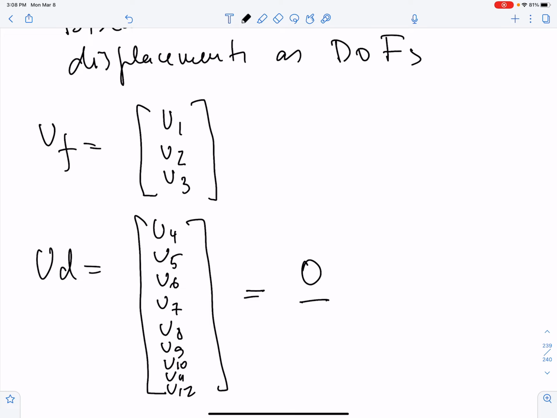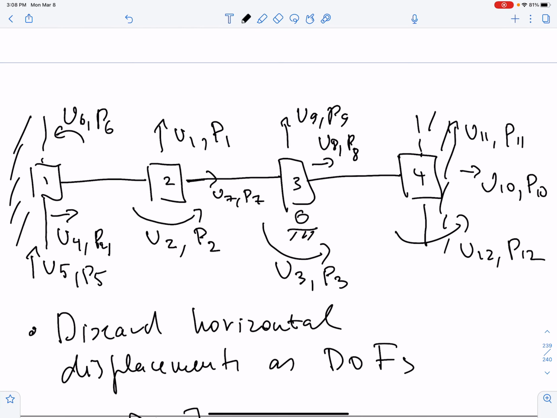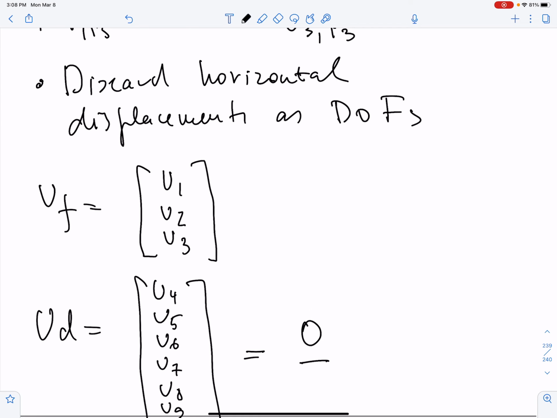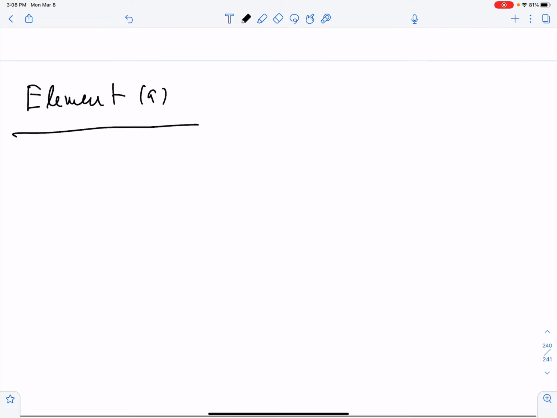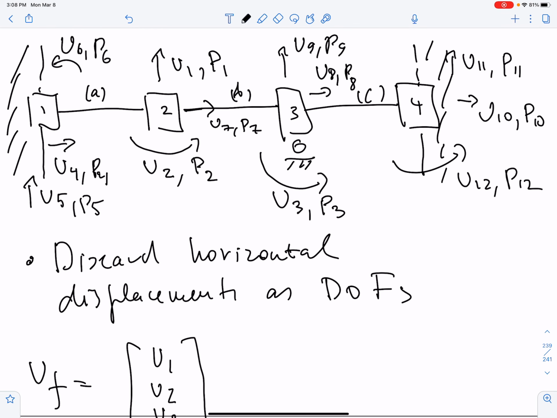Okay, so now that we've labeled our degrees of freedom, let's label our elements A, B, and C. Okay, and let's assemble the structure stiffness matrix. So let's start with element A. And of course, natural orientation is left to right for each one of those guys, right?